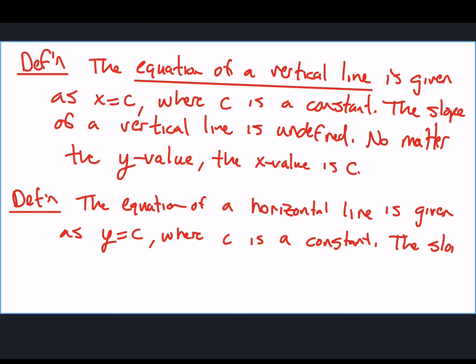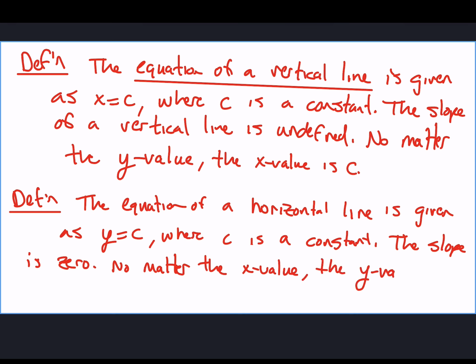The slope of a horizontal line is 0. In this case, no matter the x value, the y value is c.